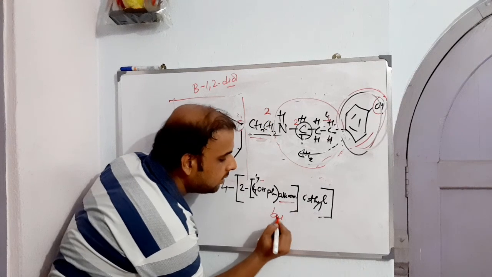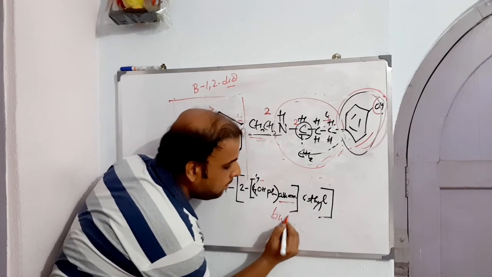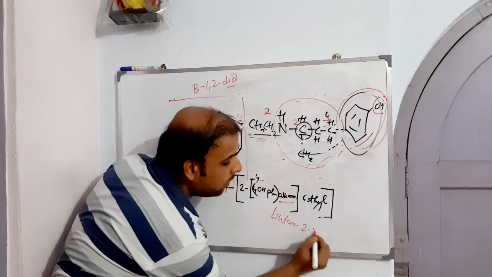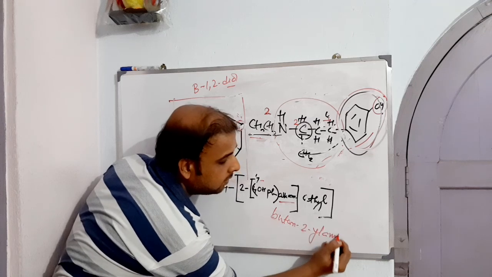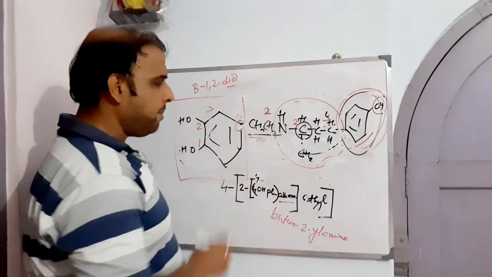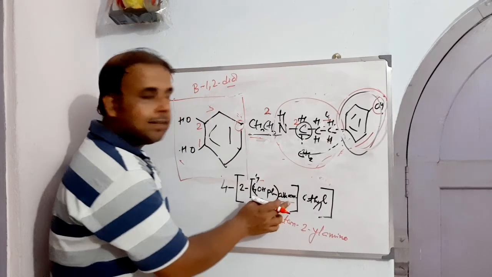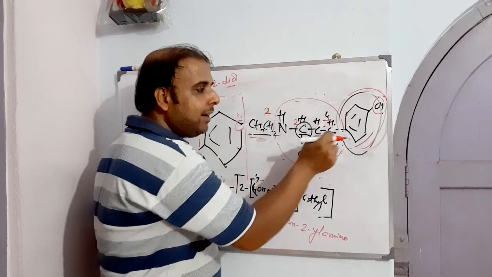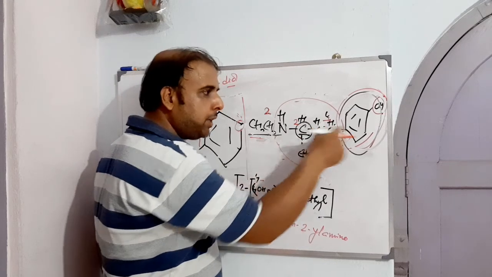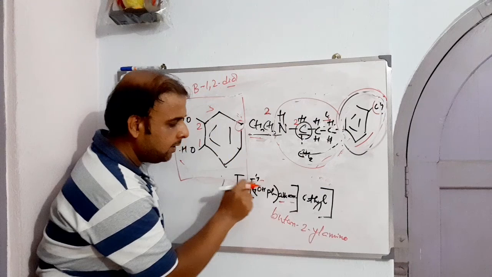Butan-2-yl amino, or you can otherwise write it like 2-butyl amino, right? Okay, chalo. So butan-2-yl amino, right? And to this butyl at its fourth position, it is holding what? 4-hydroxyphenyl. So likewise, you have written 4.